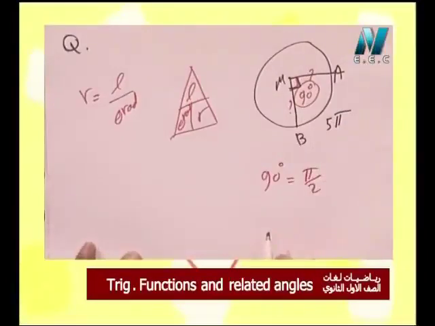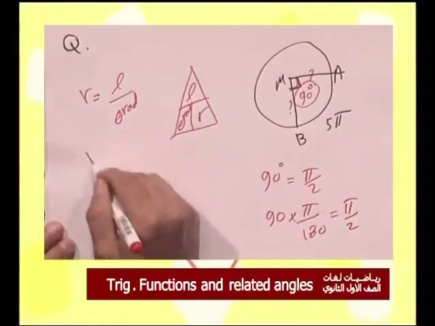Or if you don't get it, you can multiply 90 by pi over 180, and you will find out that it equals really pi over 2.